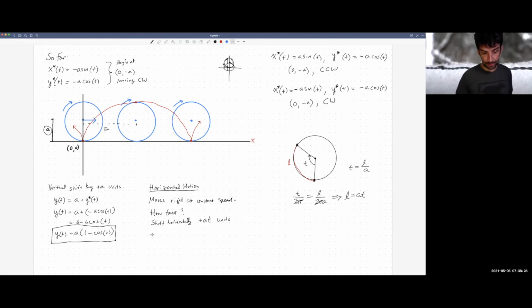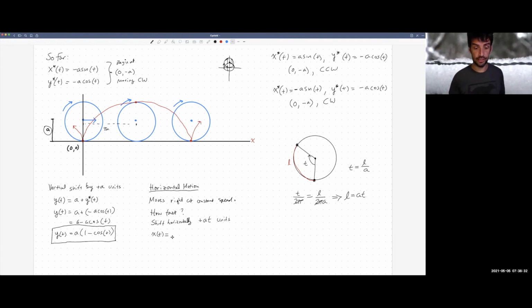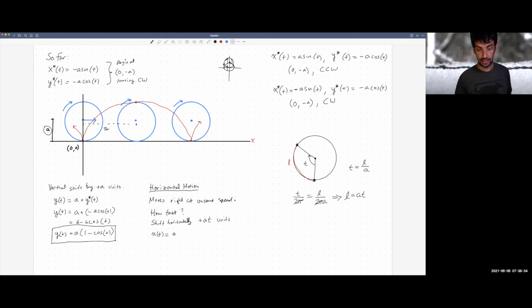So what that tells me is that my horizontal coordinate will be the original coordinate from the rotational motion that we came up with before. Let's actually write it out as x star. That was what we called x star of t.